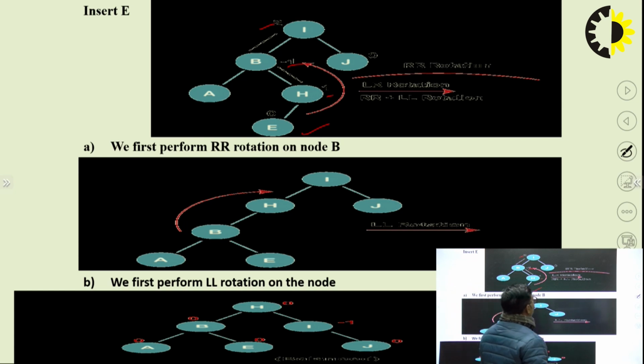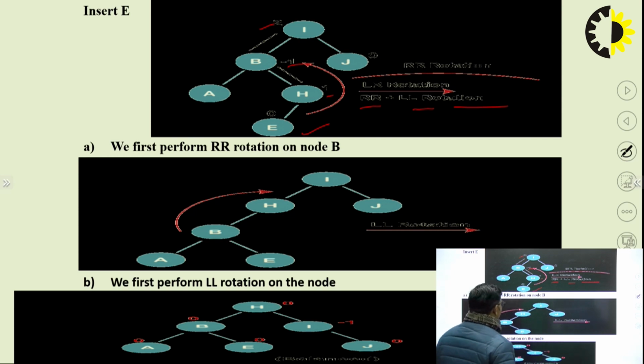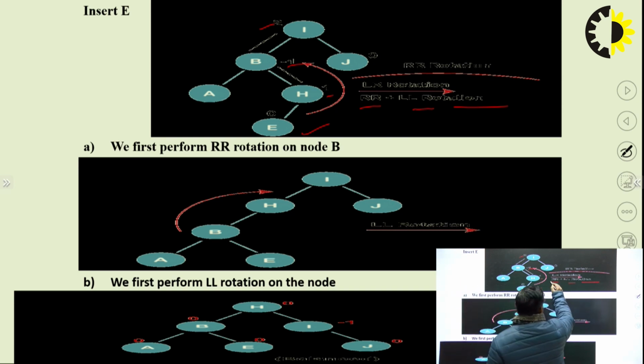Then we will apply LR rotation, that is RR plus LL rotation. This is called LR rotation, meaning RR plus LL rotation. Okay. First we will perform the RR rotation.